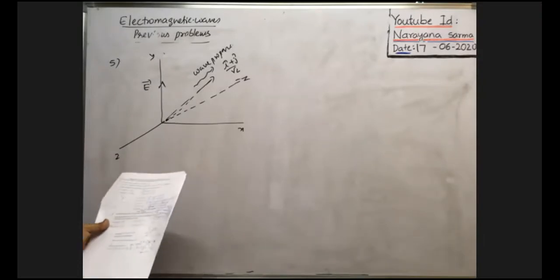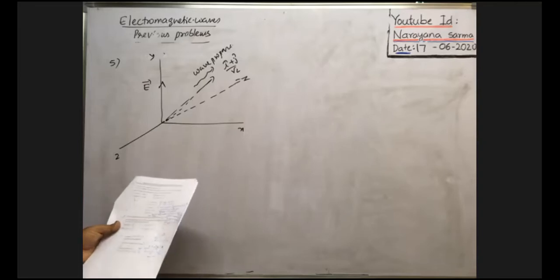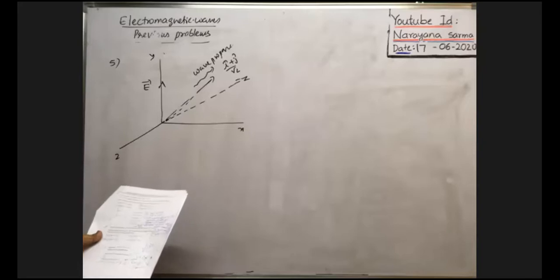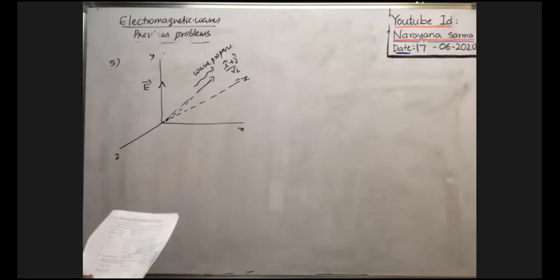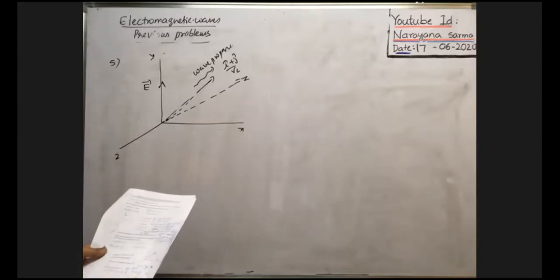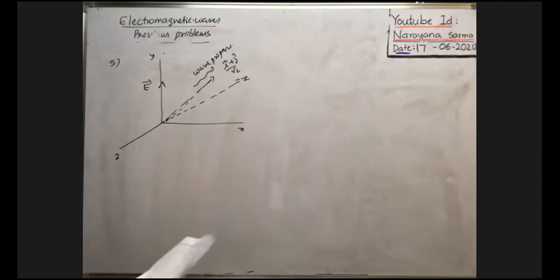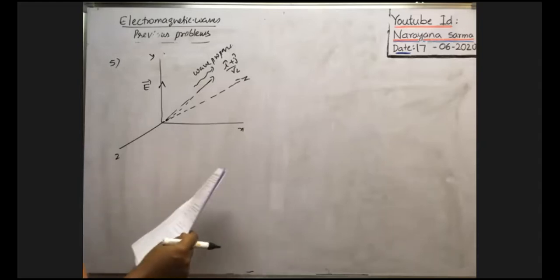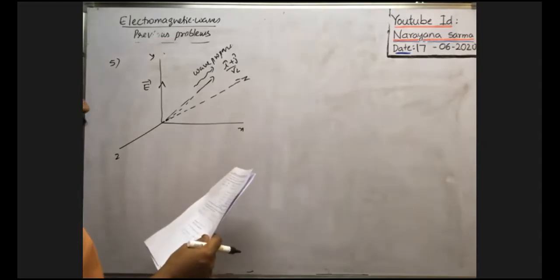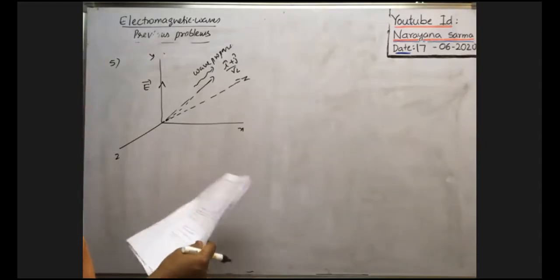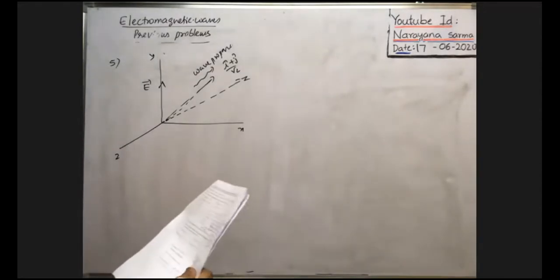They asked for the correct waveform of the magnetic field. Definitely, the electric wave and magnetic wave are perpendicular to each other, so when you take the dot product between them, it must be zero. Okay, that is one method.